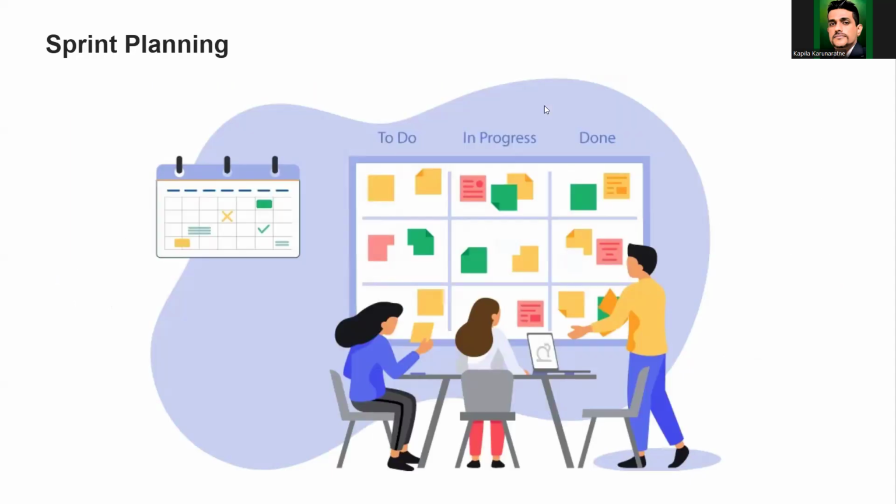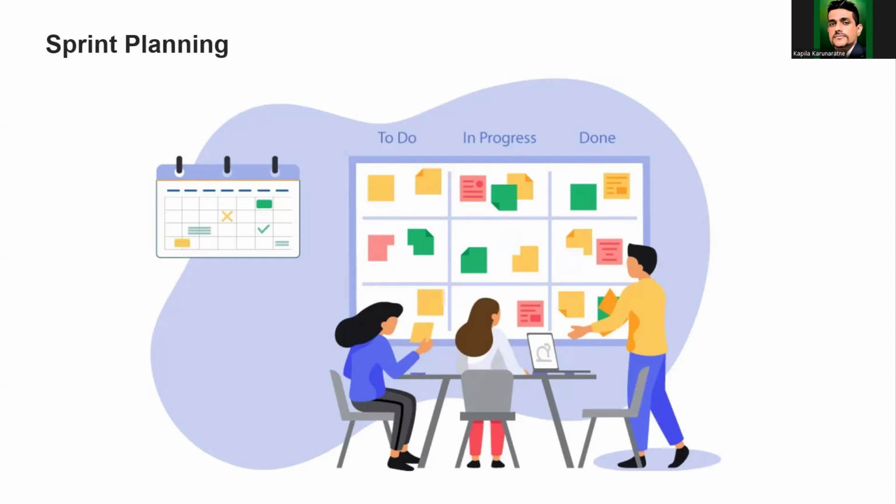When it comes to the planning process, one key activity we need to do is estimate our work. In Agile, we use the planning poker method.